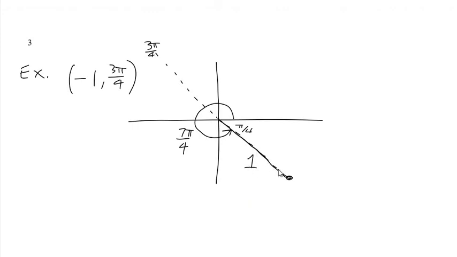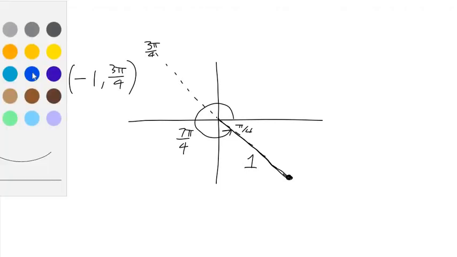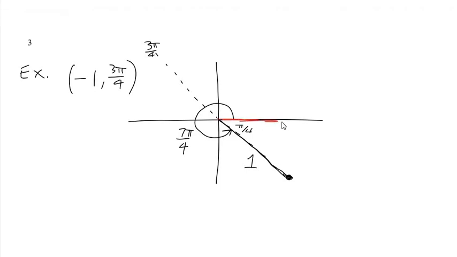And so what are the Cartesian coordinates for this point? Well, we need to know how far we go to the right and how far we go down to get to it. And you'll realize this is the same triangle we had in the last example. The legs are both going to be 1 over root 2. But this leg will be negative because it's going down.